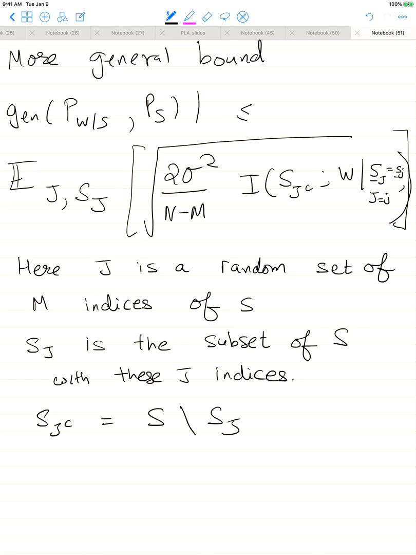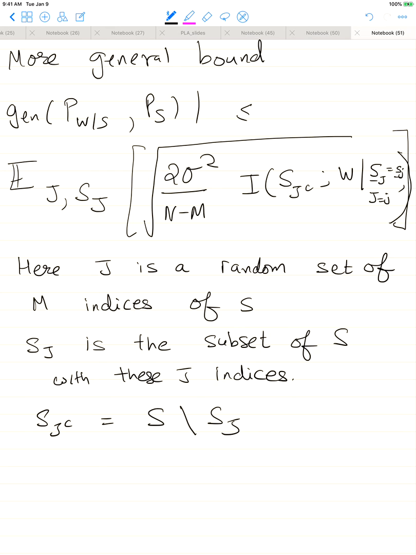So the idea is that you can select any random set of m indices. M could be 1, or m could be n minus 1. All of the options are possible. So you can take any set of m indices, and condition your mutual information assuming that these J indices are available in the conditioning.